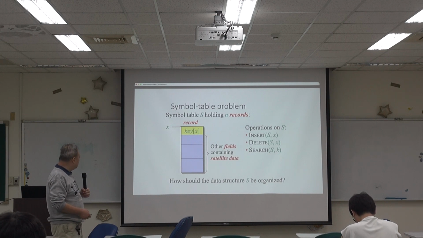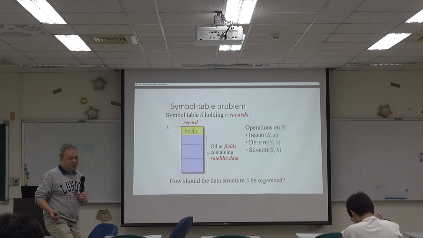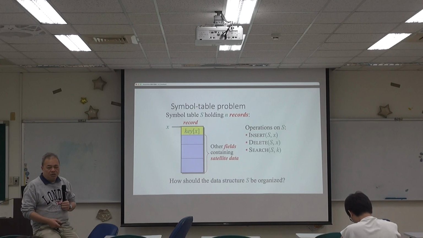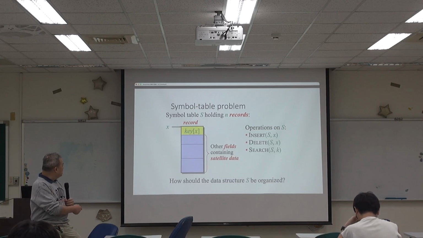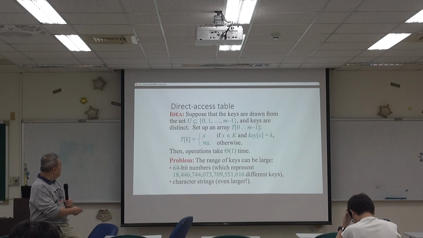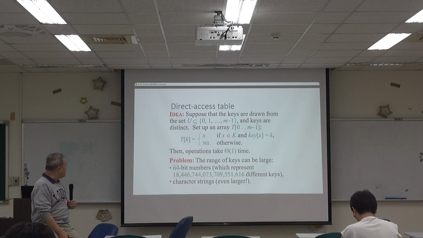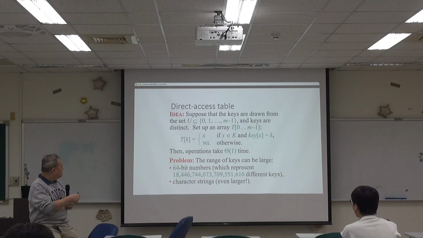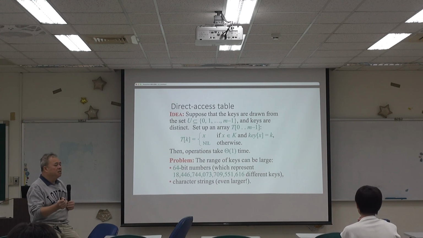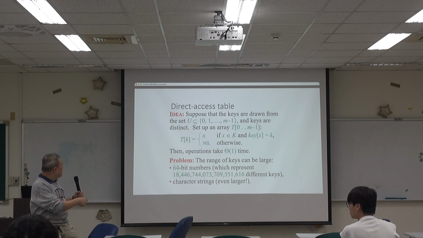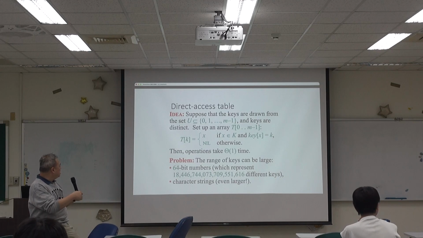Because we have covered all the sorting stuff, one obvious approach is that you could use a direct access table. In other words, if your keys are in the range of 0 to n minus 1, this is the range of your key, and the keys are distinct.